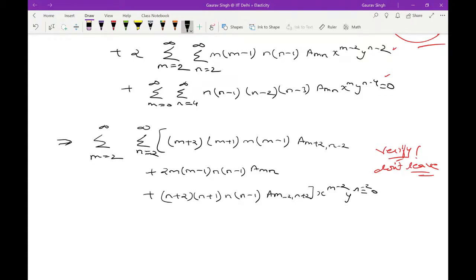Now, if this equation has to be satisfied for all x comma y, everything in this bracket basically has to be equal to 0.